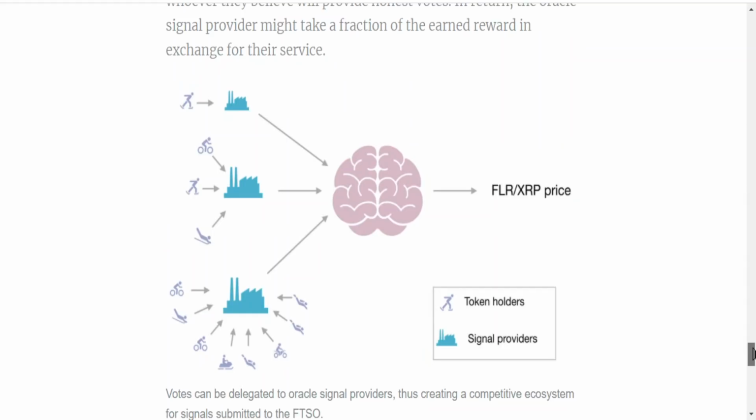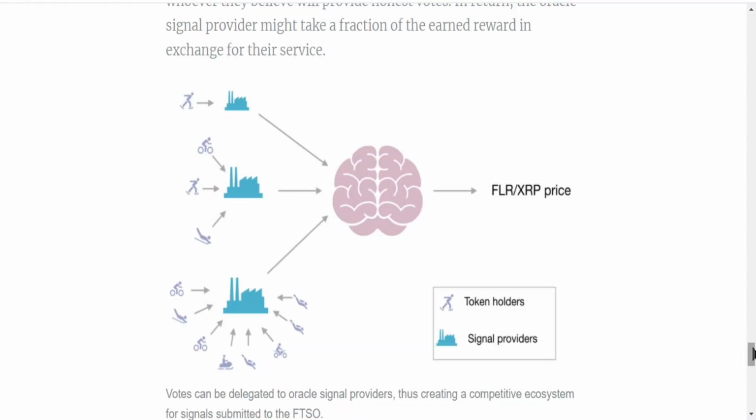And here's a little diagram they show us, they show the brain as a representation of what the FTSO is, because really it's just breaking down the prices to be the most accurate in real time. So you think of something like Fiat Leak, which pulls price feeds from APIs all over from different exchanges. Flare is going to be able to break these down to the most accurate prices.